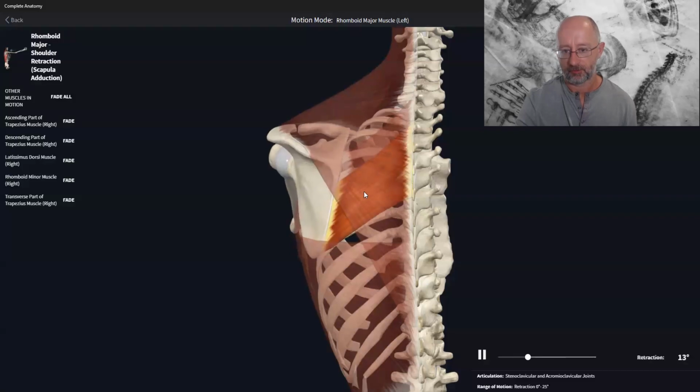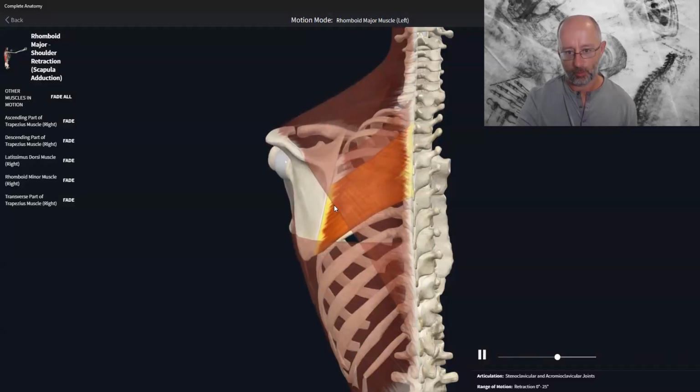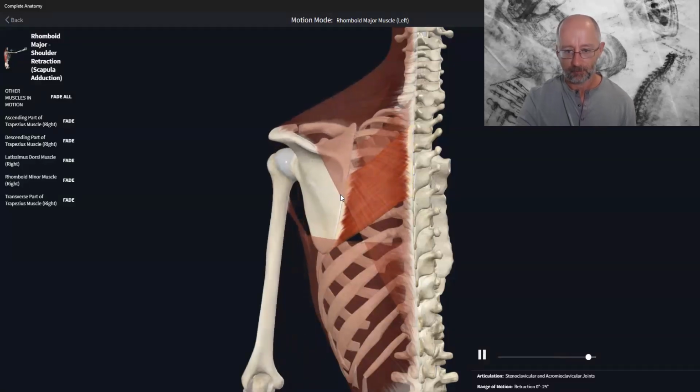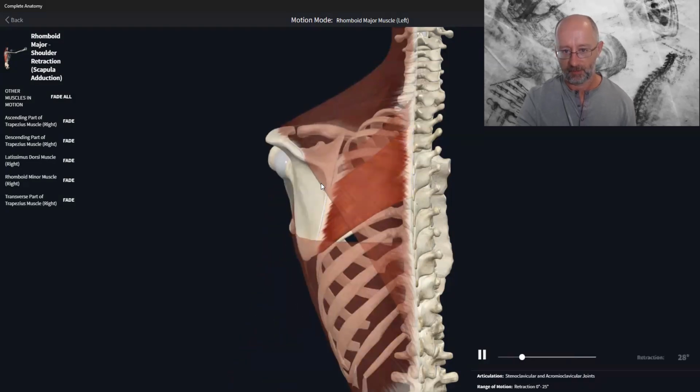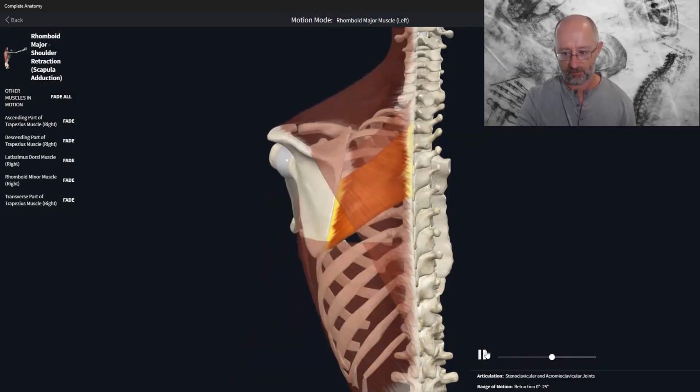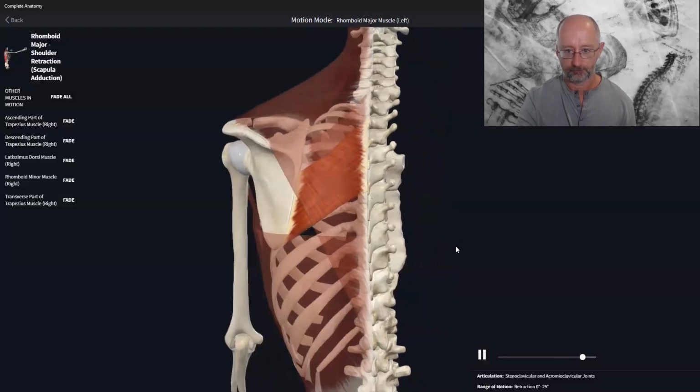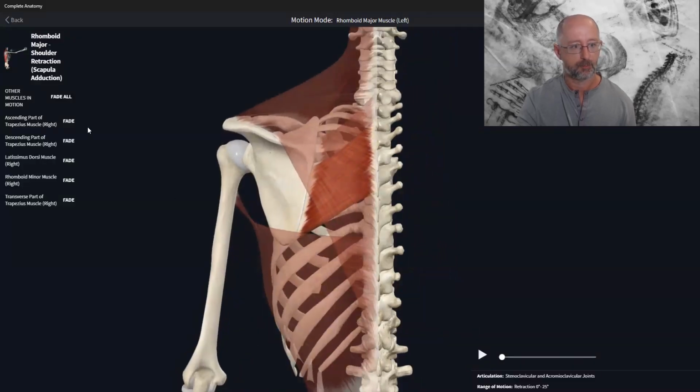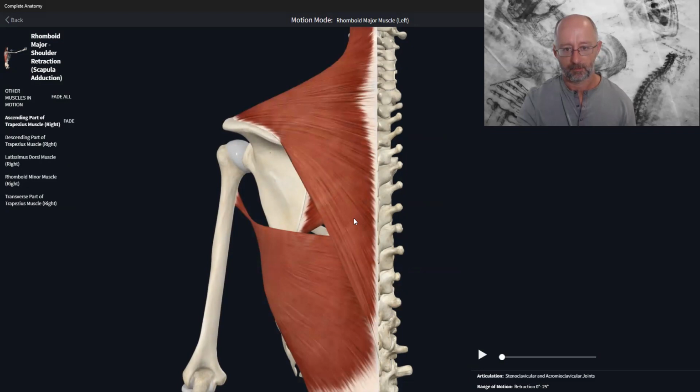Now it's only really showing the rhomboid here, but when you factor in the lower trapezius at the same time, because the lower trapezius is going to attach, this section here is the lower trapezius. So when this contracts, it's going to pull downward.